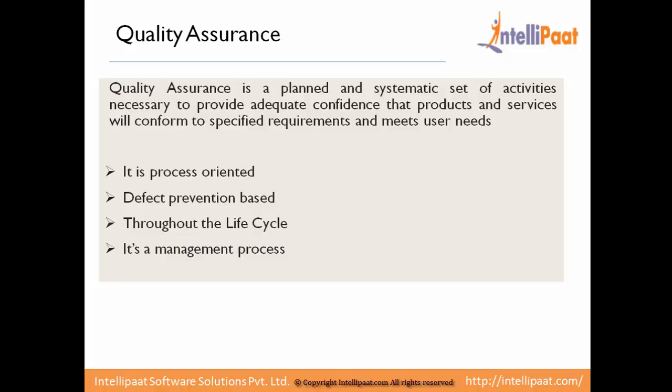Why is quality assurance a management process? Now, management over here means the senior management, because for somebody to implement the quality assurance process, you need to buy in to the process. And what I mean by buying in to the process is this: you need to understand the process, you need to adhere to the process, you need to trust the process, and you need to follow the process as a 100% disciplinary action.